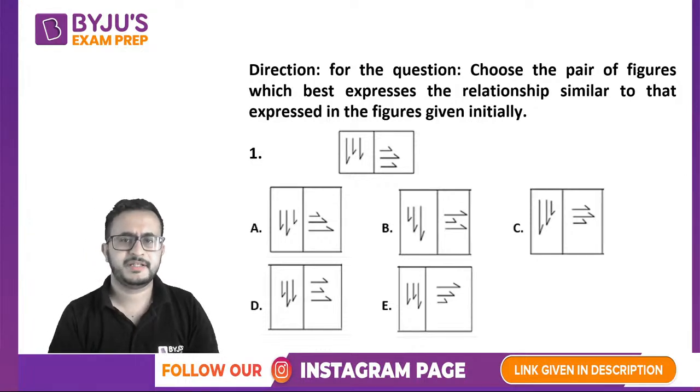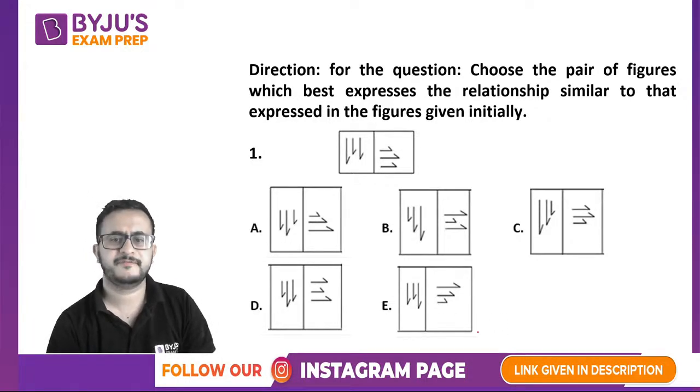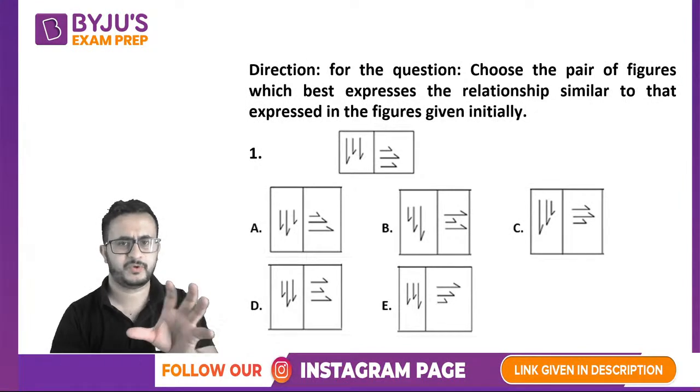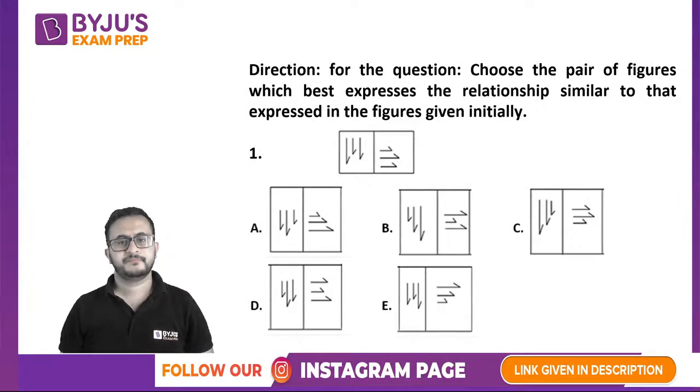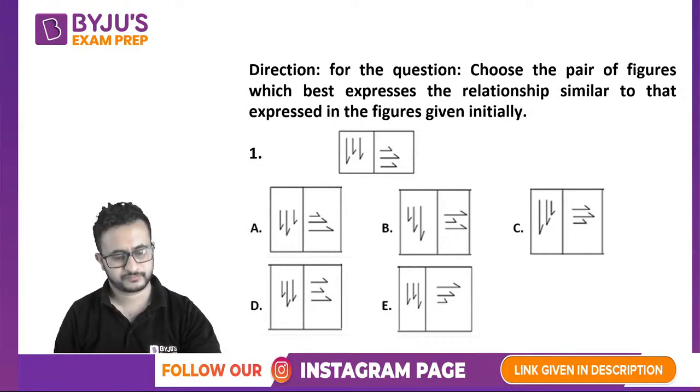This has some relation and you have to find which of these have the same relation, whatever the relation is given in the figure above. So observe the elements and tell which is that figure.